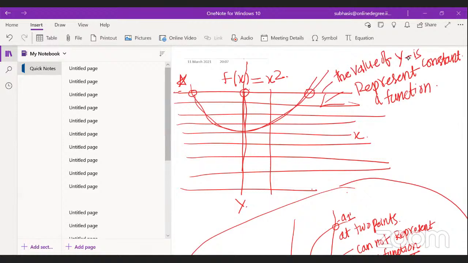Then for this particular value, you have a pre-image here and you have a pre-image here. Now, if you take this line, it doesn't have any point of intersection with this graph, right? So for this value of y, you don't have a pre-image. That is why this function cannot be onto.